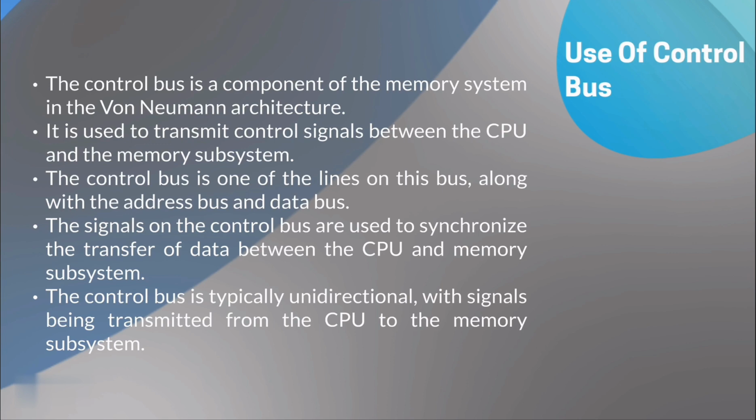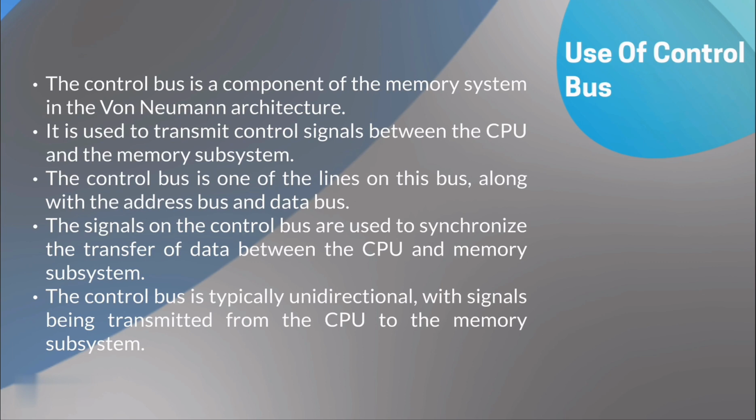The instruction decoder then generates control signals that are used to control the other components of the CPU, such as the arithmetic logic unit, the ALU, the registers, and the memory interface. So we can clearly see that the use of control bus is seen in the instruction decoder.